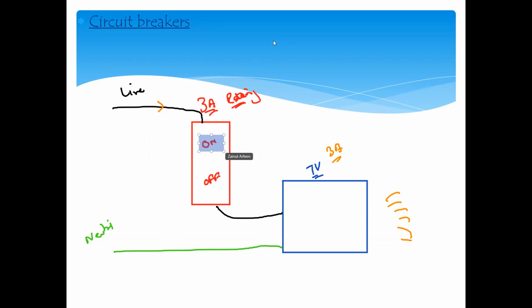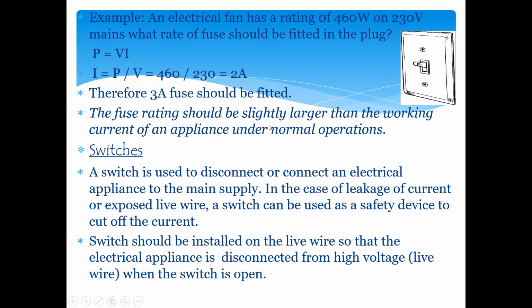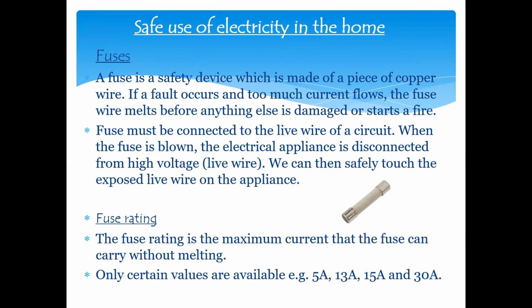So the advantage of using a circuit breaker over the fuse is that circuit breakers we just have to reset, and they use the magnetic effect of the current, whereas with a fuse, once the wire inside the fuse melts, we have to replace it. We cannot use the same fuse because the wire inside has melted.